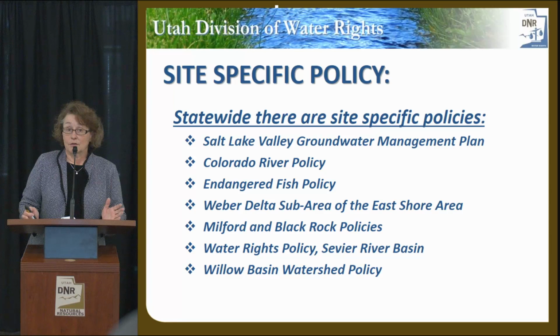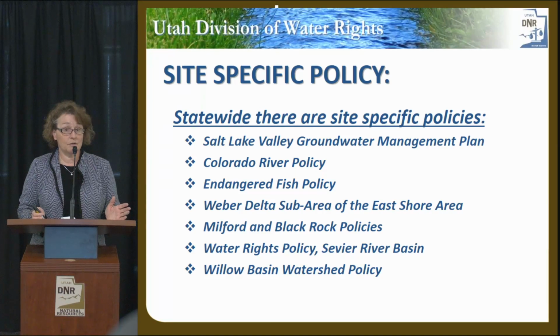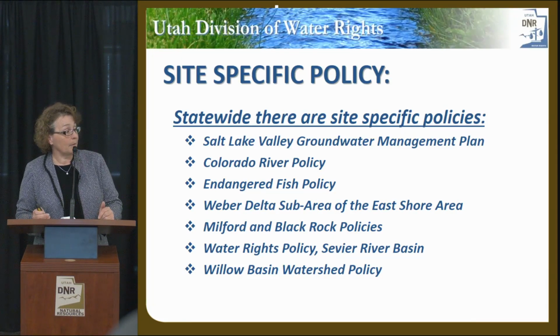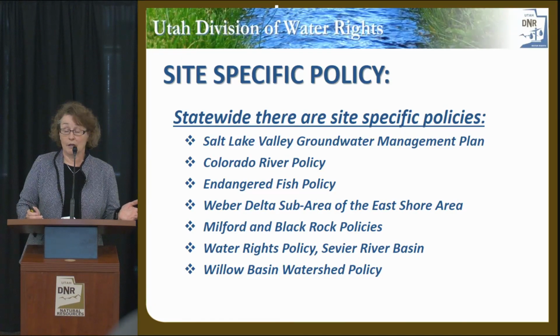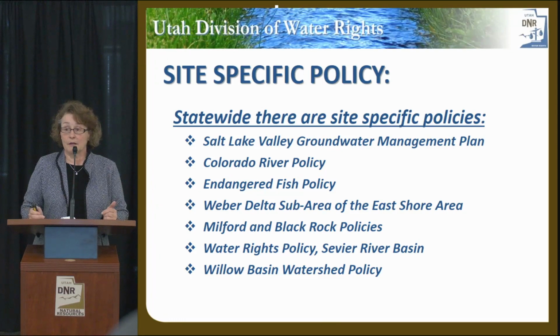Salt Lake Valley, there's a groundwater management plan that you need to be aware of when you file change applications within the Salt Lake Valley. There's a Colorado River policy that affects a lot of applications in Andrew's area. Andrew spoke with you this morning. Endangered fish policy affects a lot of his decisions too. There's a special policy for the Weber Delta sub-area of the East Shore within the Weber River office.